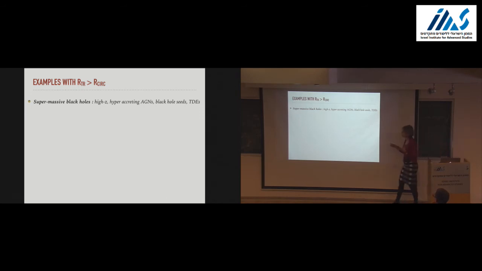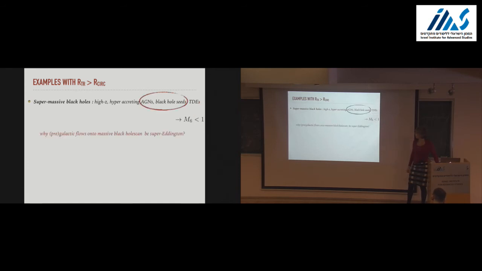In which sources have people argued we have this kind of flow? In TDs, as I just showed you, for black holes less massive than 10 to the 6, but also in the high redshift universe, hyperaccreting AGNs, and the model for growth of supermassive black hole seeds.